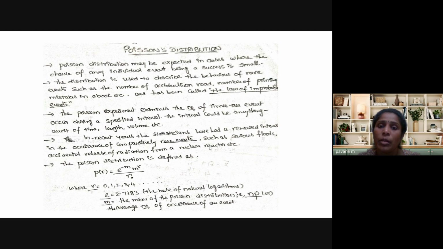Here r can be 1, 2, 3, 4, etc. to infinity; you can take any number. e is the base of the natural logarithm, and its value is 2.7183. m is the mean of the Poisson's distribution, the formula is np, n into p, where p means success rate. m is the average number of occurrences of that particular event, the mean value.